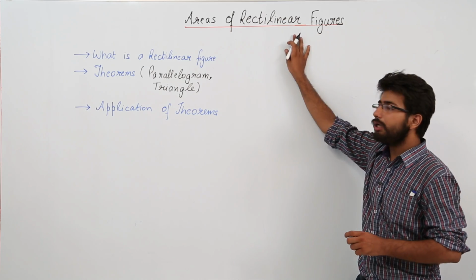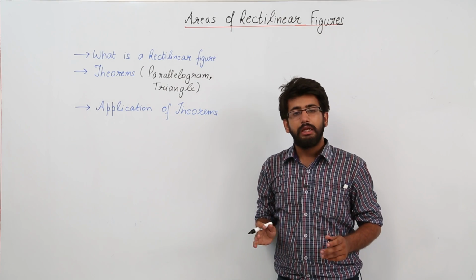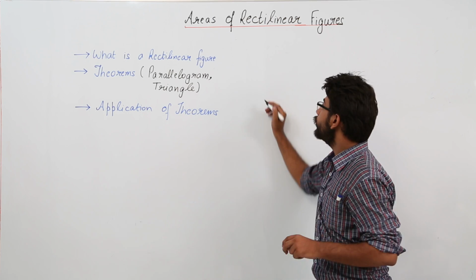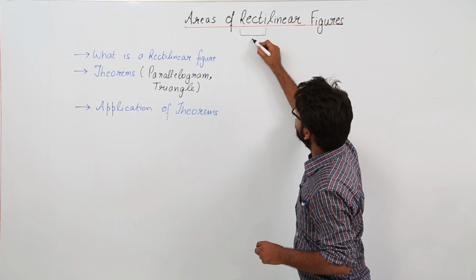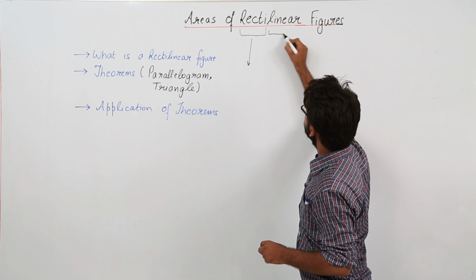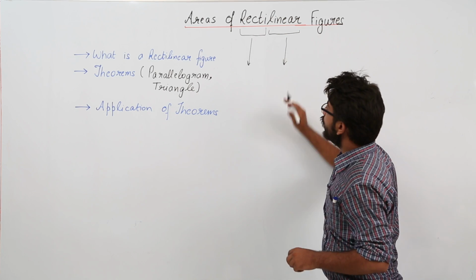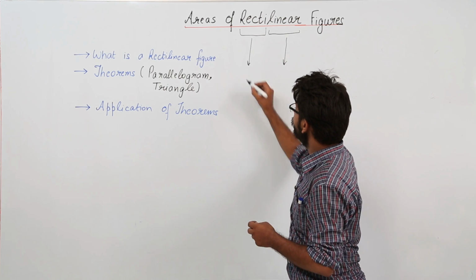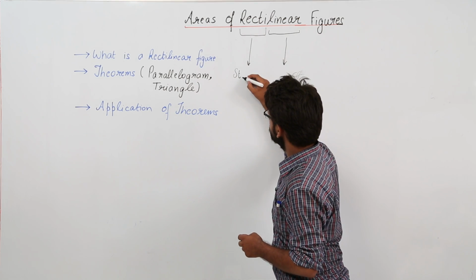What is a rectilinear figure? Now you see, rectilinear figure is composed of two words. One is recti and the other word is linear. Now what do we mean by recti? Recti means straight.